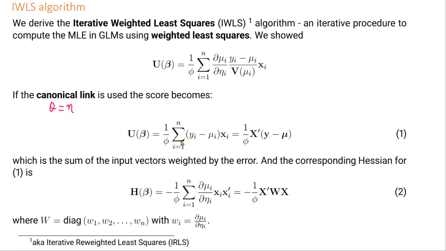And this can be written in matrix form, which is useful for the coding or computing side. You can interpret this as the sum of the input vectors, the X transpose, weighted by the error, that's the difference between Y and mu. So the closer a component of the score is to 0, hopefully that means the difference between these two is very small. That's pretty good. That's what we want.